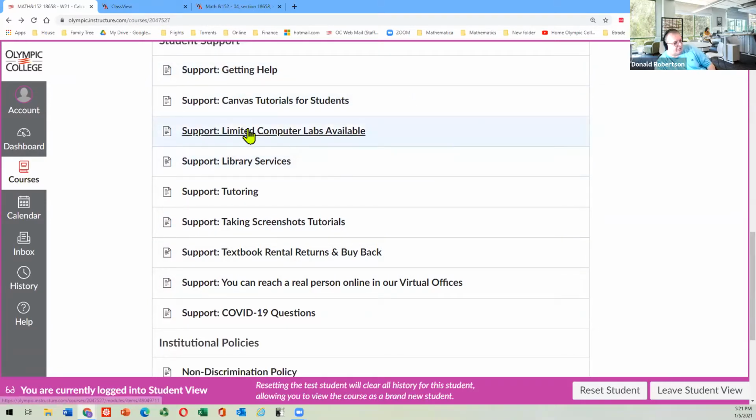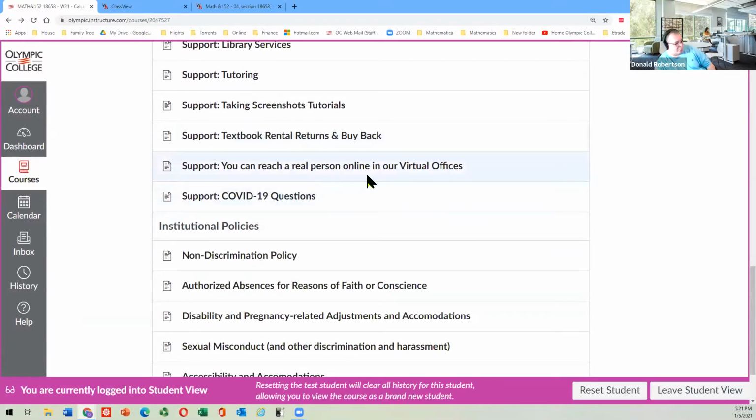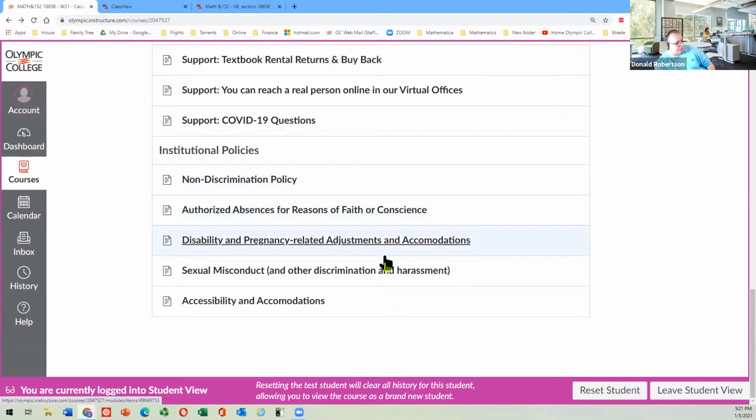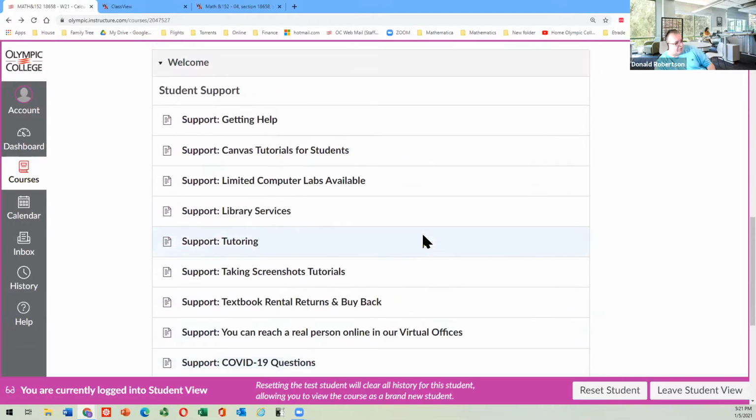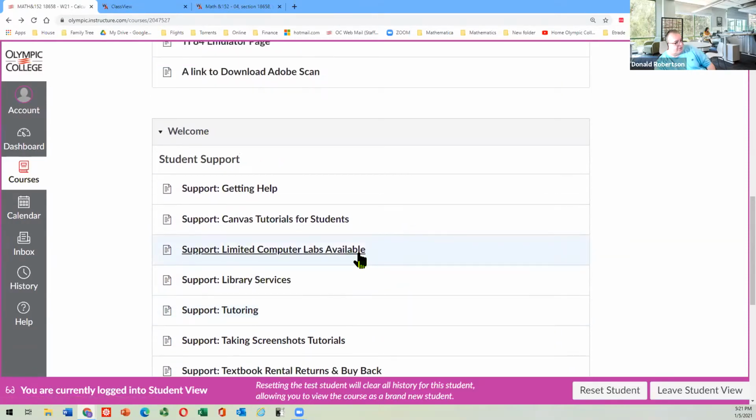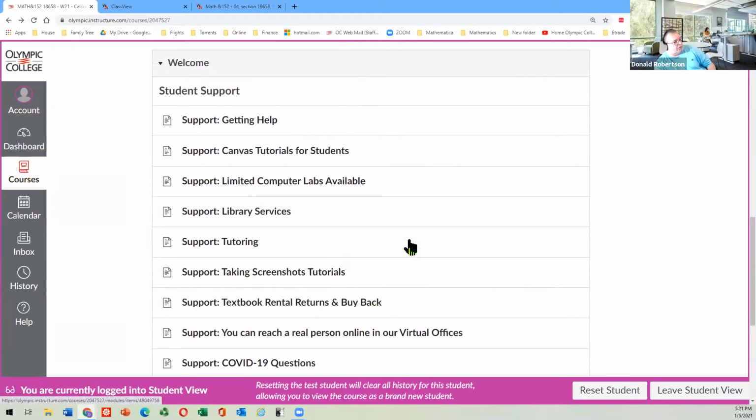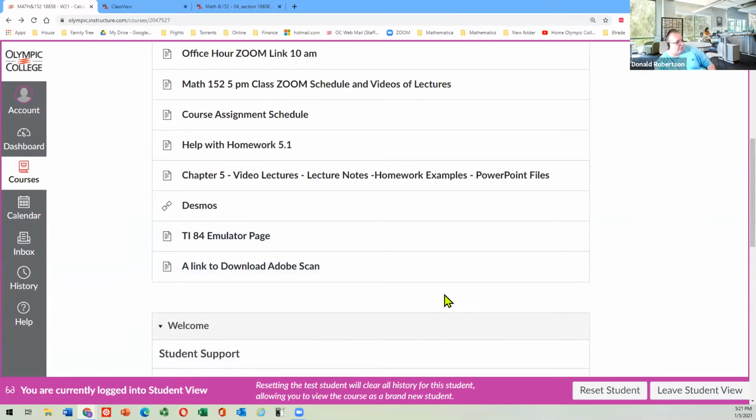There are some computer labs, tutorials on using Canvas, which I think are pretty obvious, so you want to look through them. There's tutoring again, library services and so on. I've just left that there. You click on it and it tells you what you need to know. And that's pretty much all I want to say about Canvas.